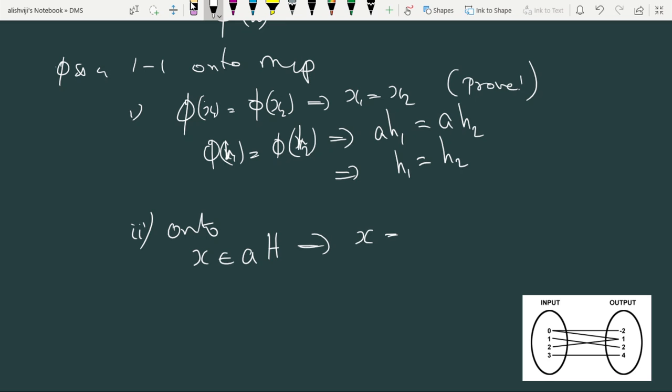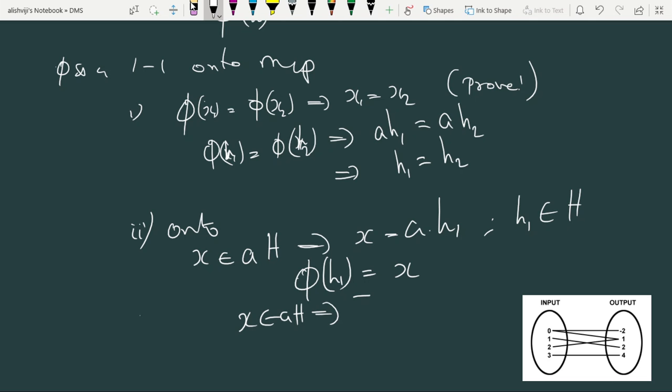Then that X is equal to A into some H1, where H1 belongs to capital H. Then naturally, phi of H1 is equal to X. So for any element of AH, we have a corresponding element in H. So X belongs to AH implies there exists some H belonging to capital H such that f of H is equal to X. That means the function phi of h is equal to x.